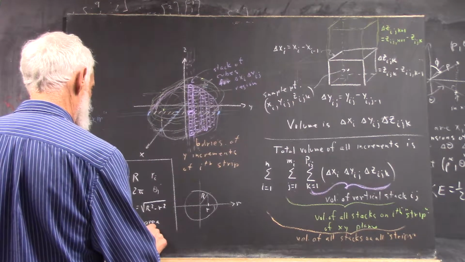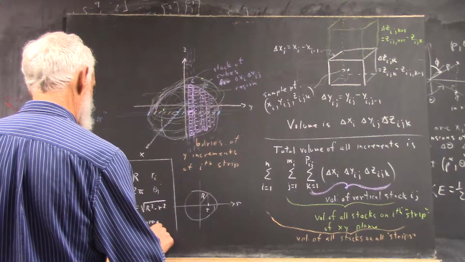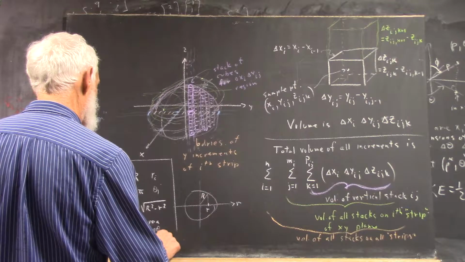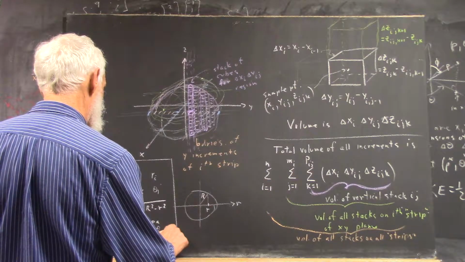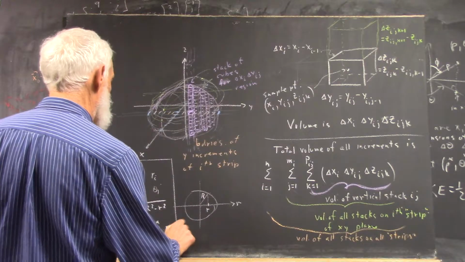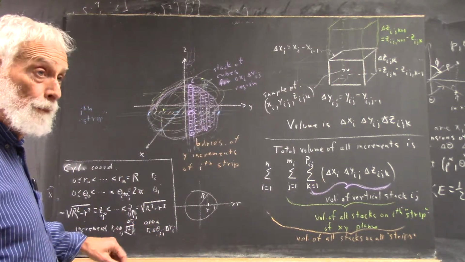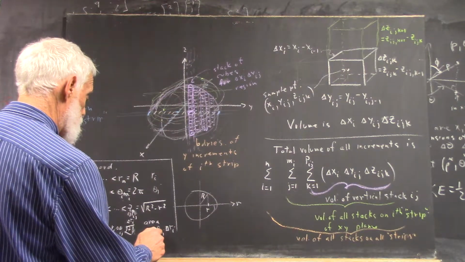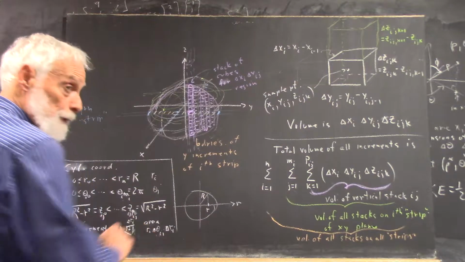So our area is Ri delta theta Ij times delta Ri. Although we would often write that in a little different order. I wrote it this way just to show this is this dimension, this is this dimension.